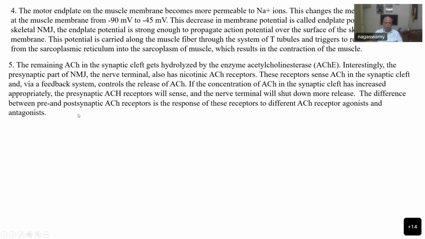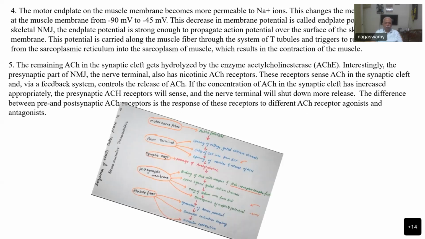The difference between pre and postsynaptic acetylcholine receptors is the response of these receptors to different receptor agonists and antagonists. So the presynaptic receptors are not blocked by your muscle relaxant. It is only the post-junctional, or the post motor end plate nicotinic receptors, which are blocked.